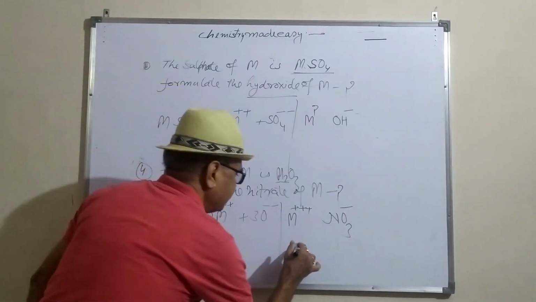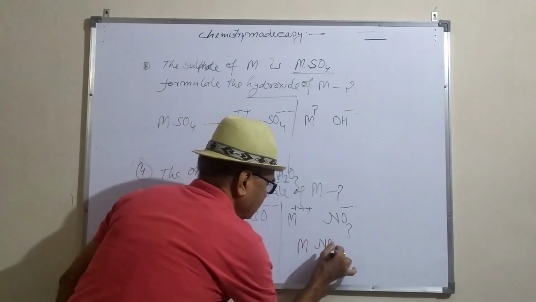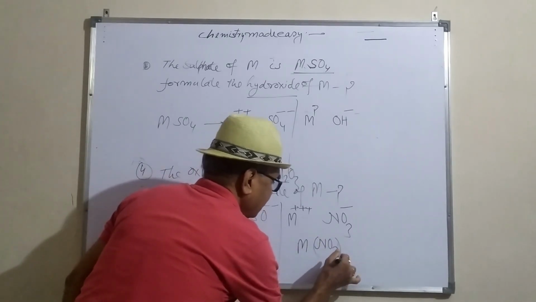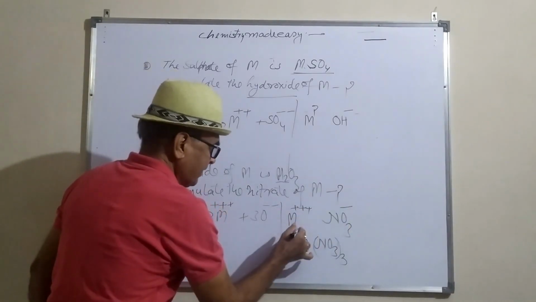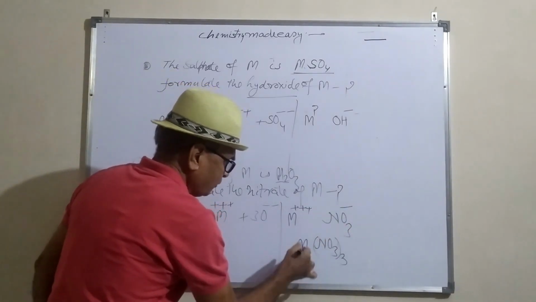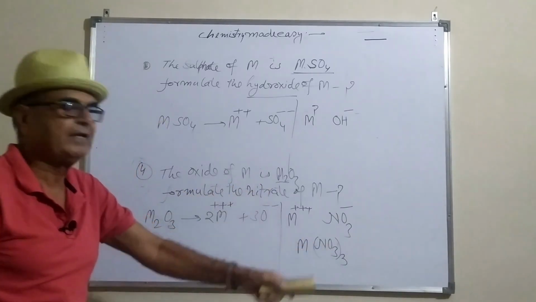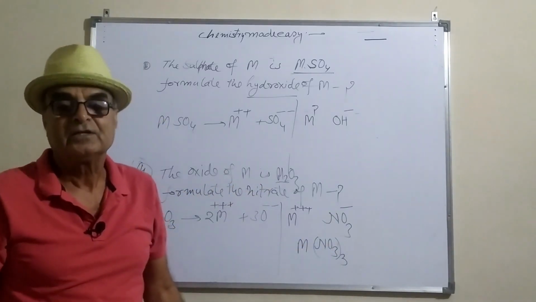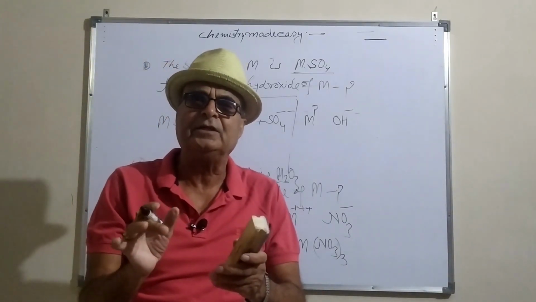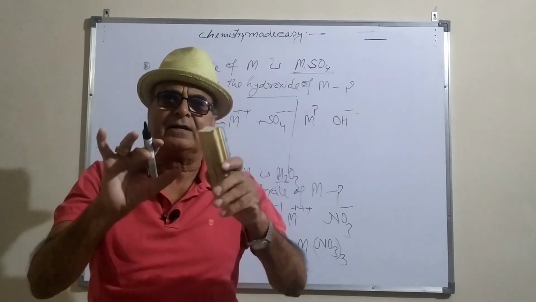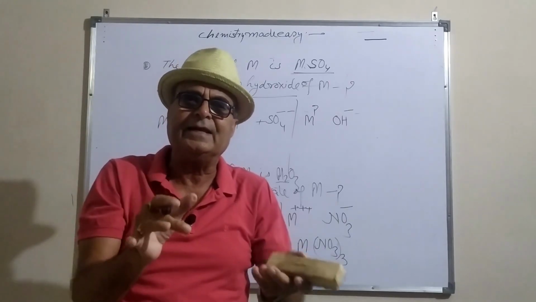So here the formula will be M(NO3)3. You will multiply 1 to M and 3 to NO3. So the nitrate of the M will be M nitrate. So these are some questions about the formulation. Now I am giving the entire table for the cations and anions.